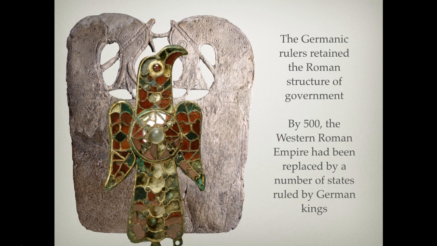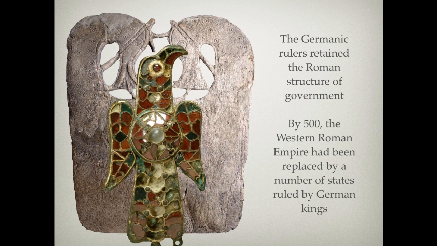Now, the Germanic rulers really retained the Roman structure of government, and they end up blending their cultural tradition with the Roman cultural tradition. So we see a blending and fusing during this period of history.